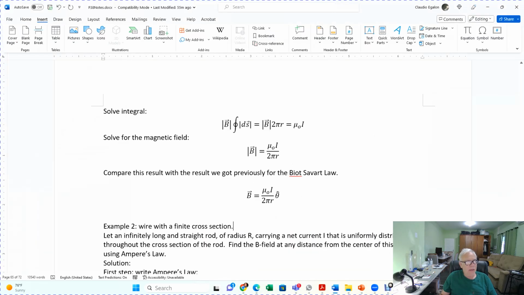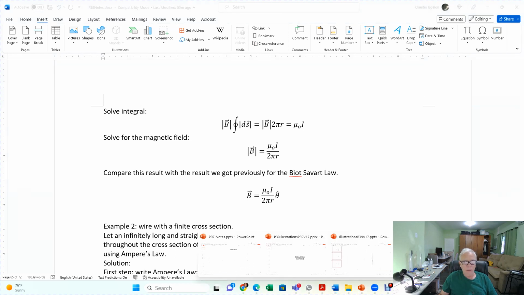There's a little trick here that makes things much easier. Let there be an infinitely long and straight rod of radius r carrying a net current I that is uniformly distributed throughout the cross section of the rod. Find the B field at any distance from the center of this rod using Ampere's law.